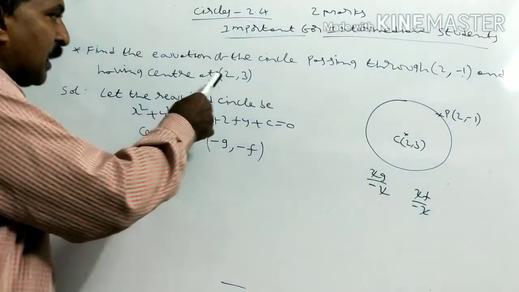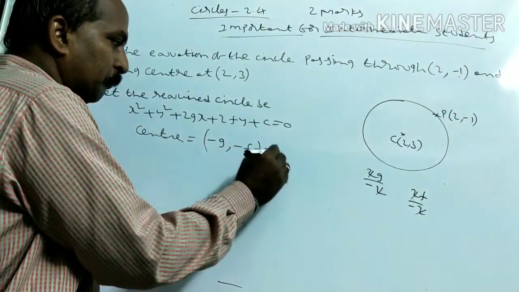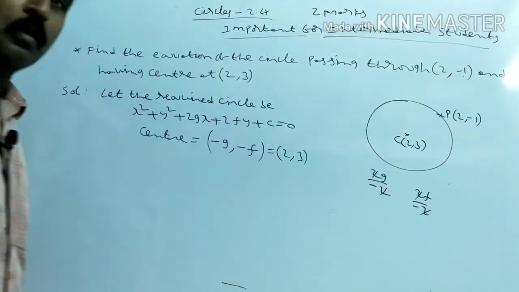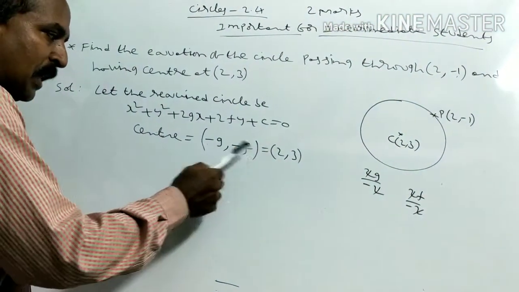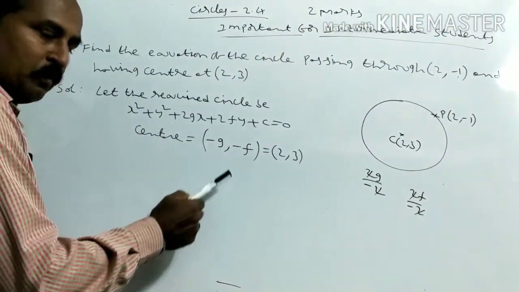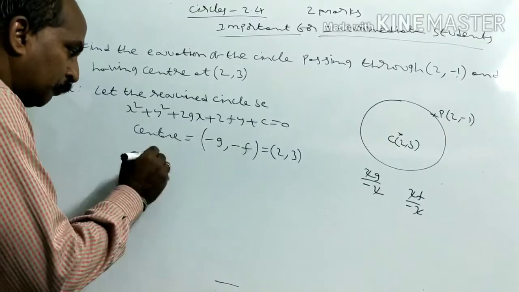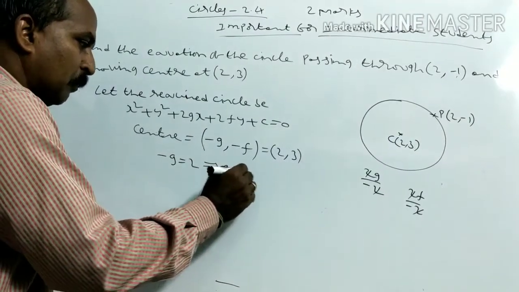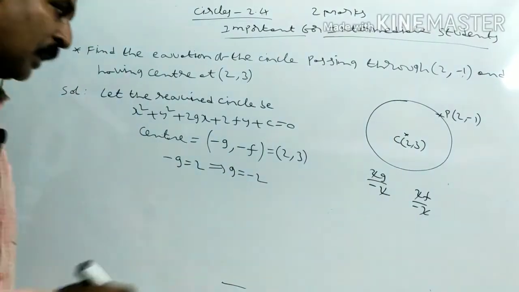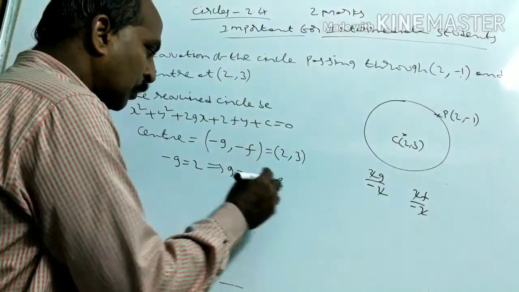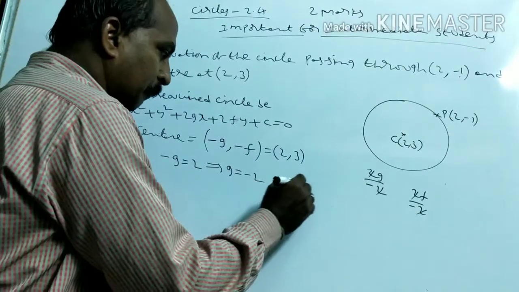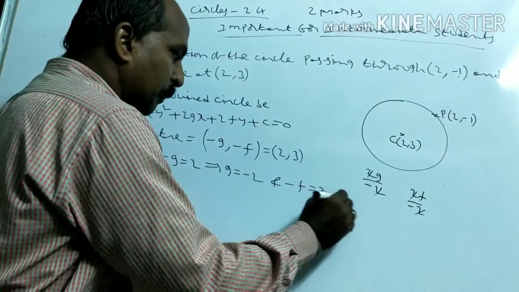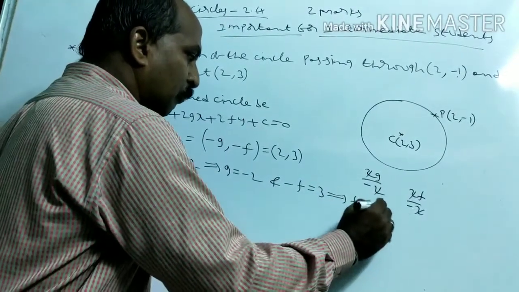But given that the center is 2, 3. On comparing these 2 points, we get -g equal to 2, which implies g equal to -2, and -f equal to 3, which implies f equal to -3.